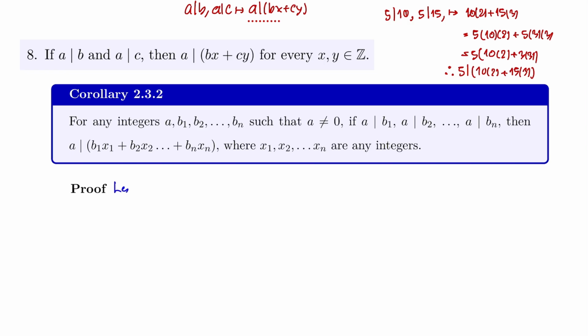So we have to let a, b1, b2, all the way to bl be integers such that a is not 0, for l being 1, 2, 3, and so on.